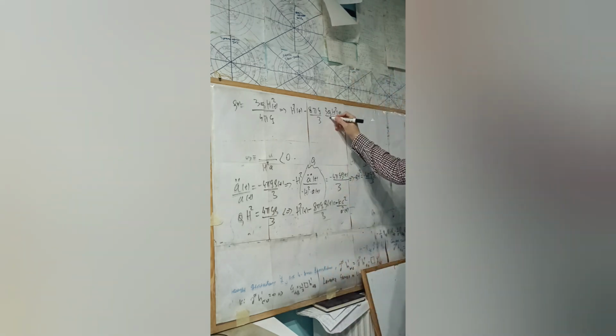3qH squared 4 pi G. Well, minus, so this is minus kc squared divided by a squared of t. So k here is actually the Ricci scalar, right?